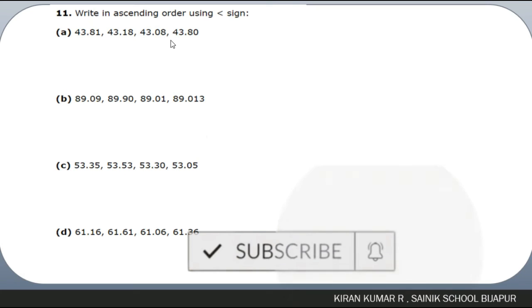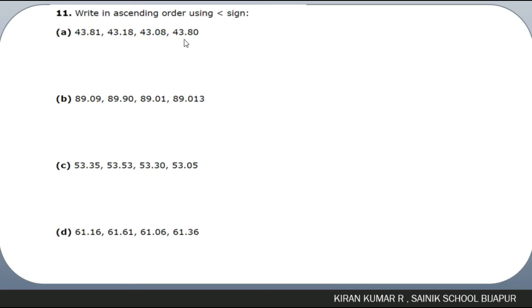Next number is 43.18. Next number is 43.80. Next to that is 43.81. So the ascending order is 43.08 is smaller than 43.18, smaller than 43.80, smaller than 43.81.